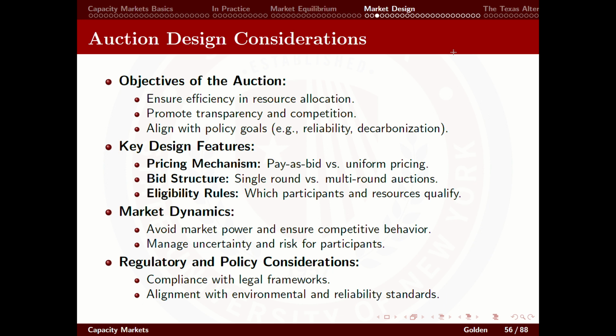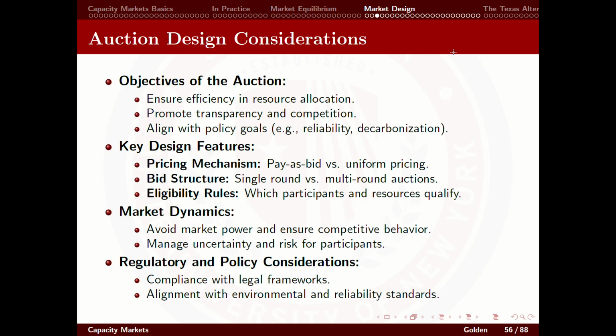There actually was a big concern with Texas's. They've recently done some things that allow for scarcity pricing that look kind of like a capacity market. They're not.